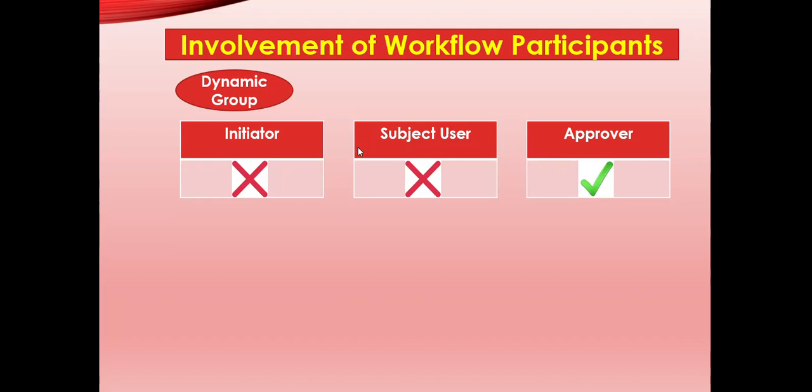Now, the thing is, suppose the initiator is employee X and subject user is employee A. So employee X is applying the comp off on behalf of subject user employee A. In that case, whatever the workflow is raising, that will go to that departmental head for approving the workflow.